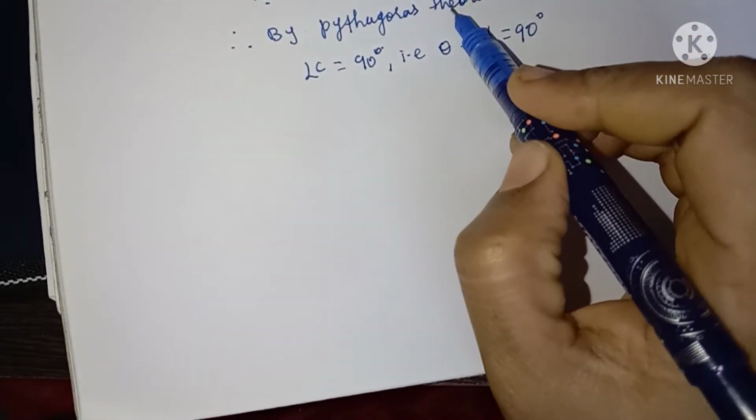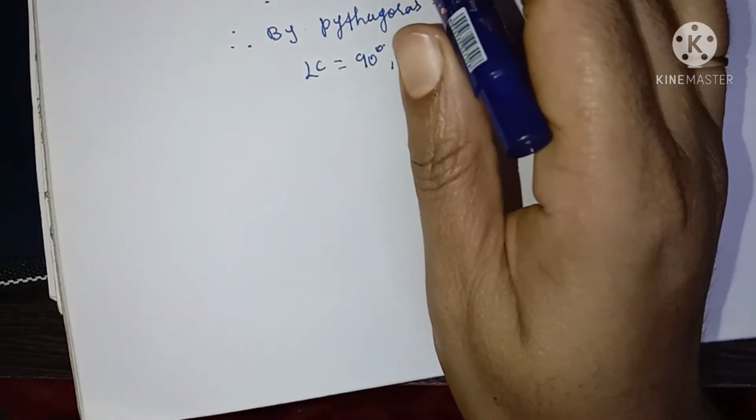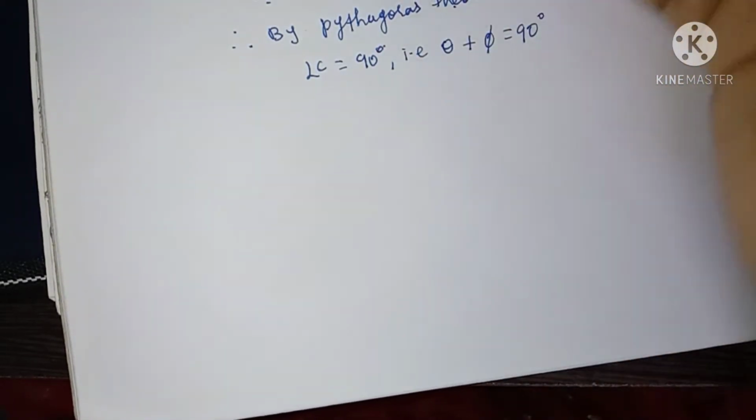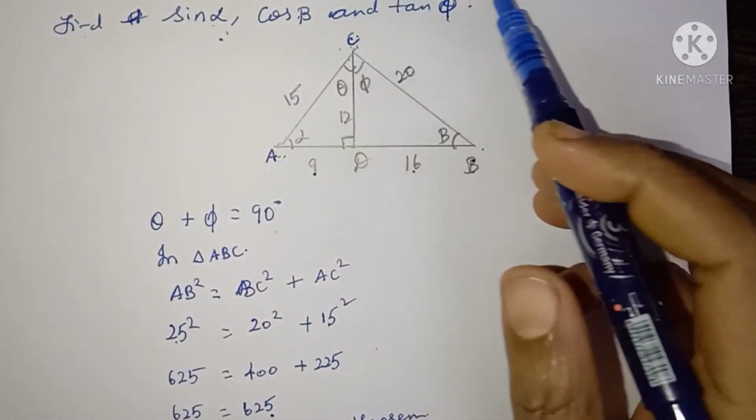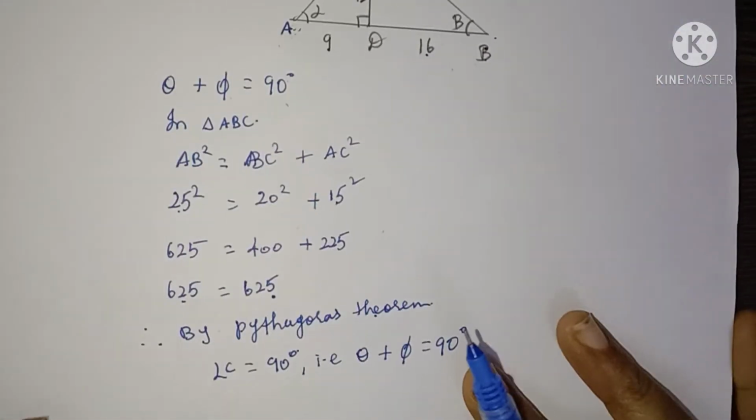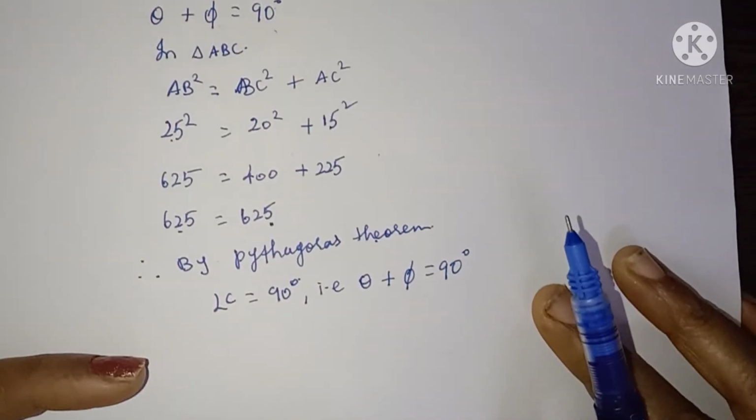You know Pythagoras theorem, square of the hypotenuse is equal to the sum of the square of the other two sides. Then the next question is, also prove that there are two other right angled triangles.